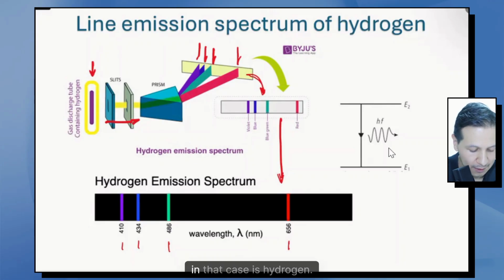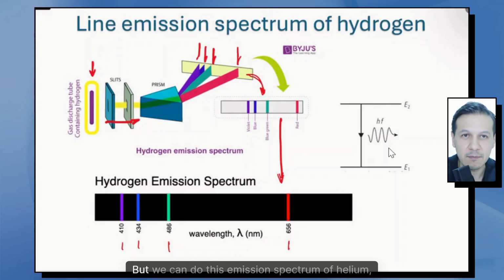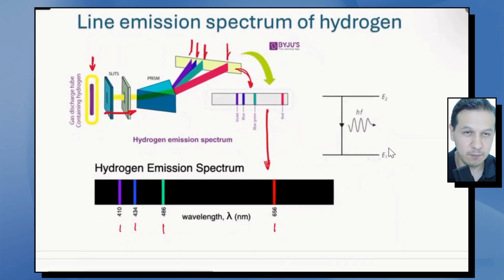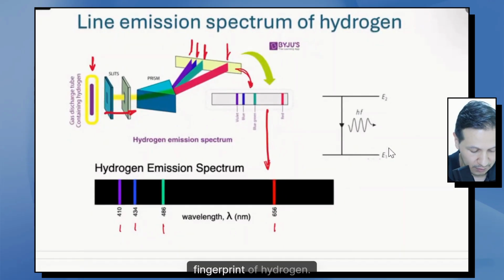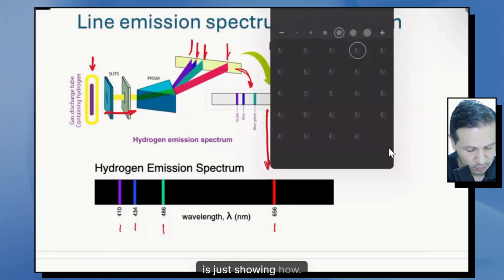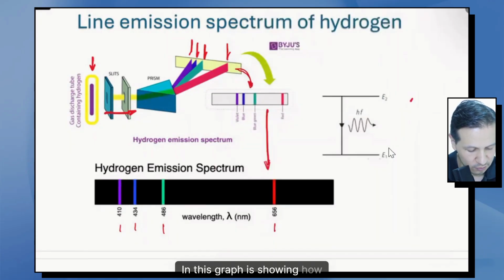In this case it is hydrogen, but we can do the emission spectrum of helium, for example, and it will look different. This is the fingerprint of hydrogen.